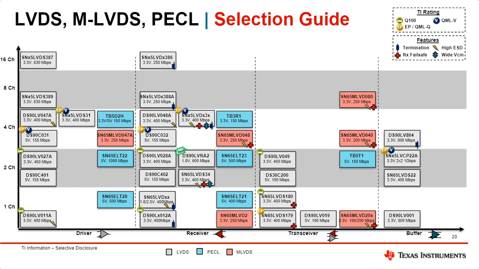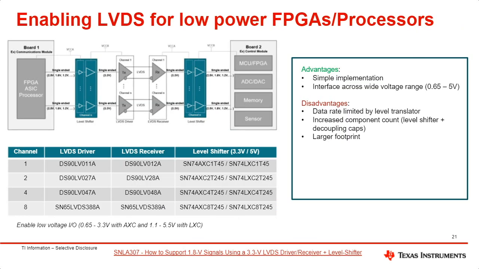I will highlight on this slide that we do have a new device that we're continuing to invest in the LVDS portfolio, and we released DS90LVRA2, which is a first to market 1.8 volt LVDS receiver. And that is a common question that we get, how to enable LVDS for low power FPGAs and processors.